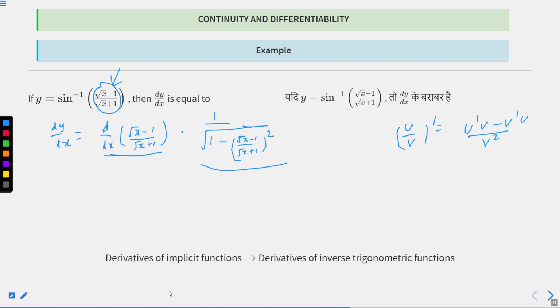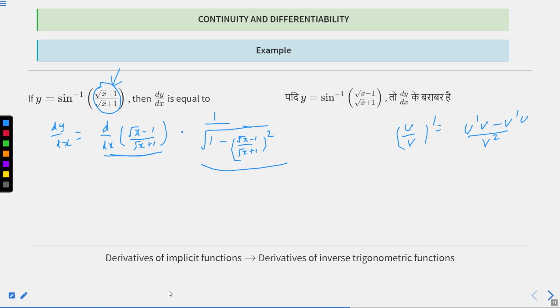Okay, clear? So for now, please stick to this process of chain rule, quotient rule, and the inverse trigonometric derivatives. After you get familiar with them, we will give you the substitution way of derivatives. Now let us move to the next slide.